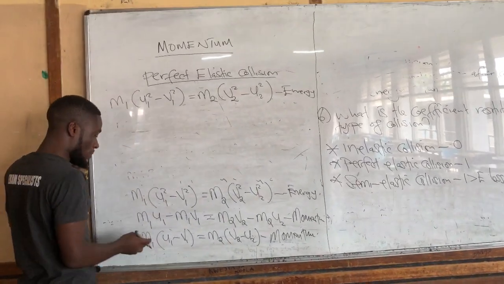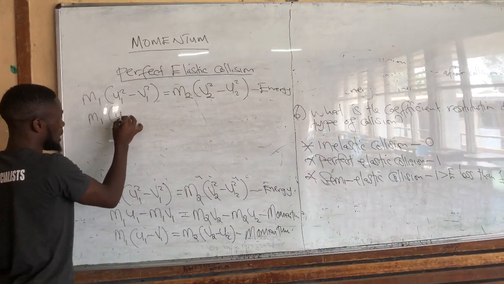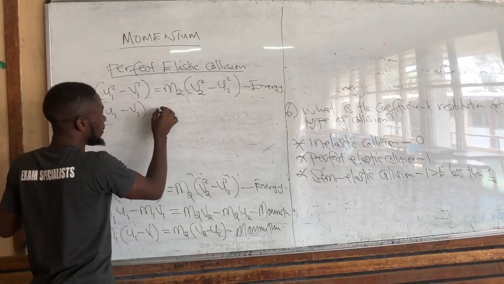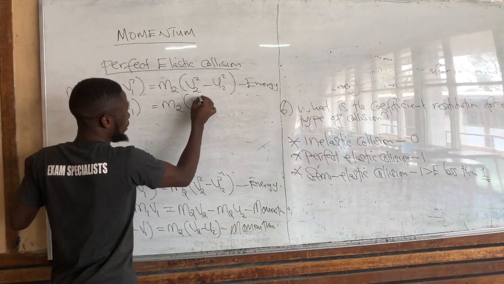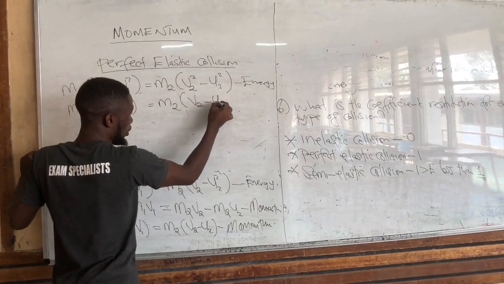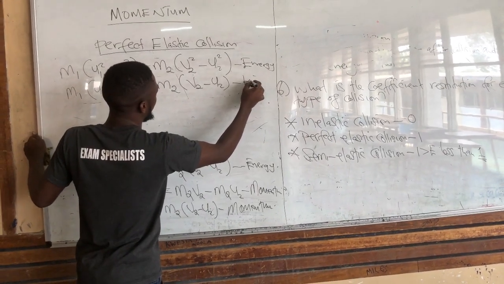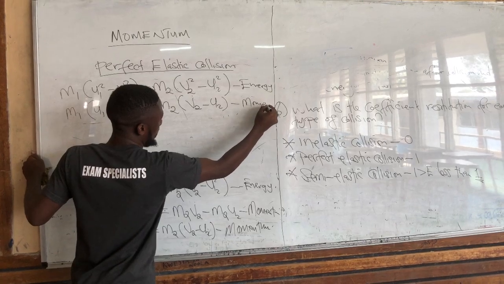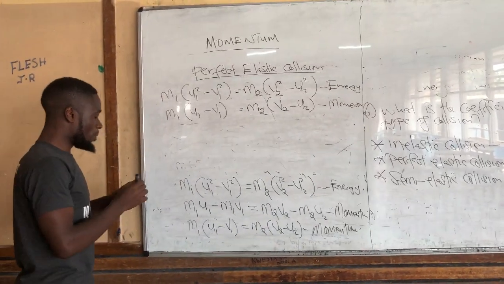What about for momentum? This one: M1 times (U1 minus V1) equals M2 times (V2 minus U2). This is for momentum. So let's solve these two equations simultaneously.